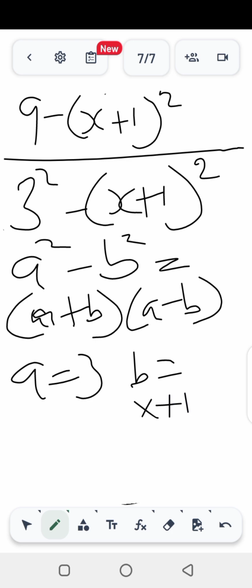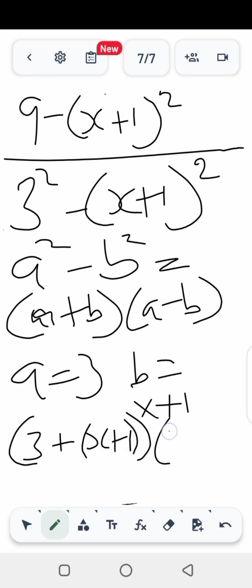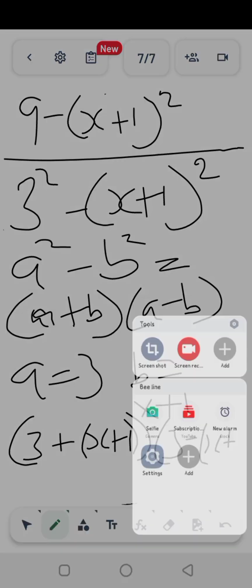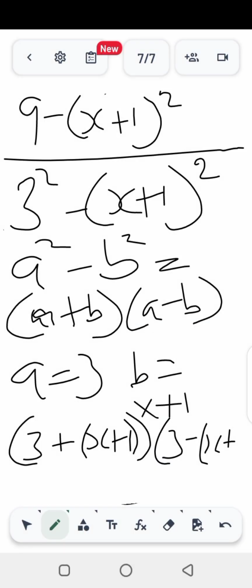So the factorized form will be what? It will be 3 plus the b, which is x plus 1, multiplying 3 minus x plus 1.